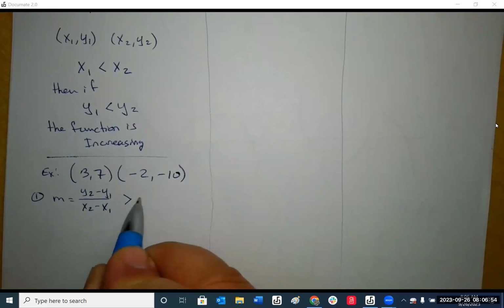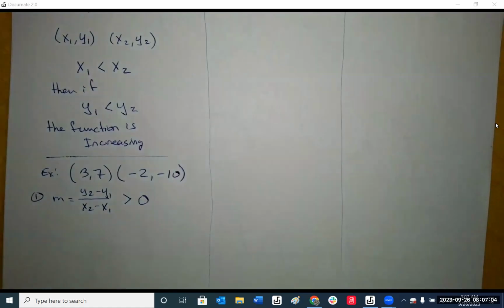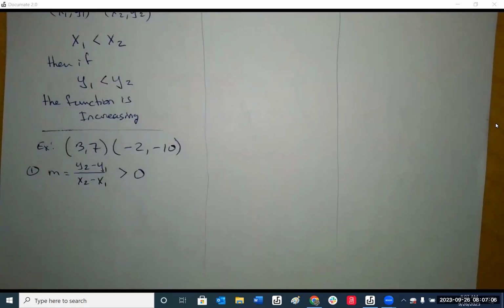If the slope is positive, then we know it's increasing. That's one way of doing it. If I give you a graph, just look where the graph is going up to the right. That's an increasing function.